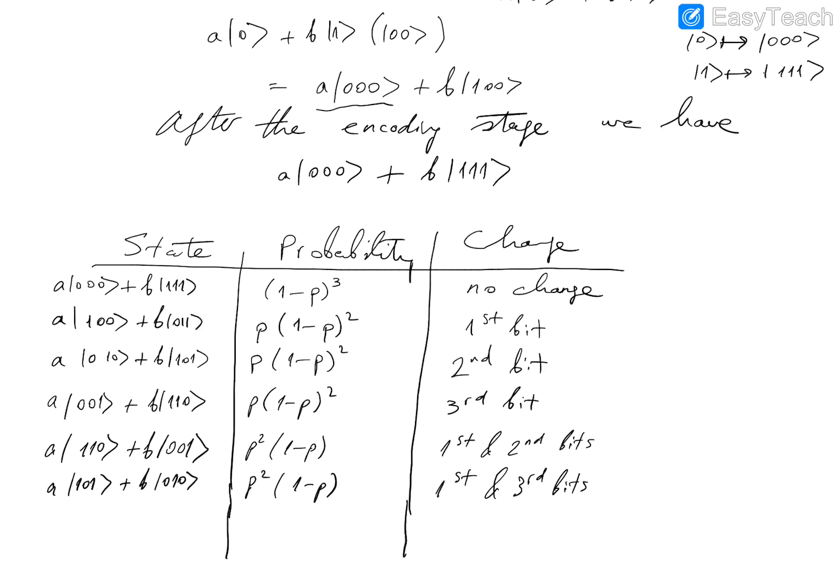And next, maybe second and third qubits might have changed: a|011> + b|100>.